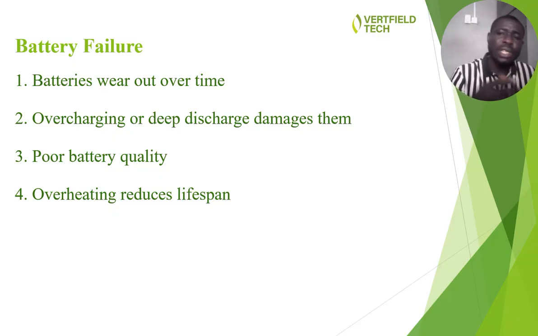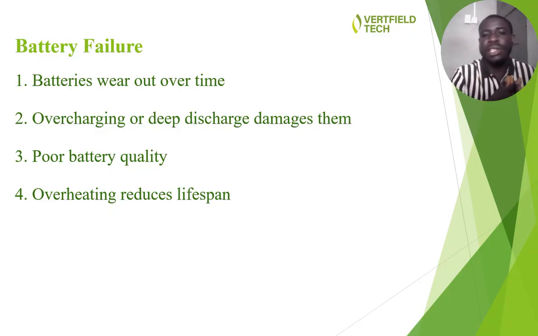In as much as most solar generators are manufactured using lithium batteries, that is true. But over time, depending on the usage, the maintenance culture, and the kind of environment it is in, it will definitely fail.